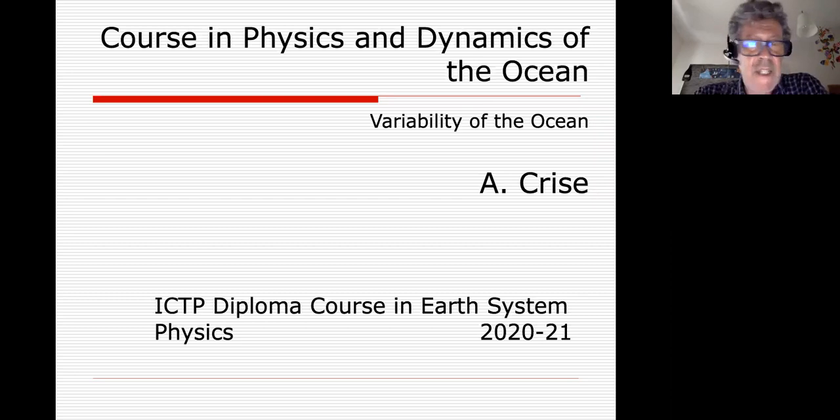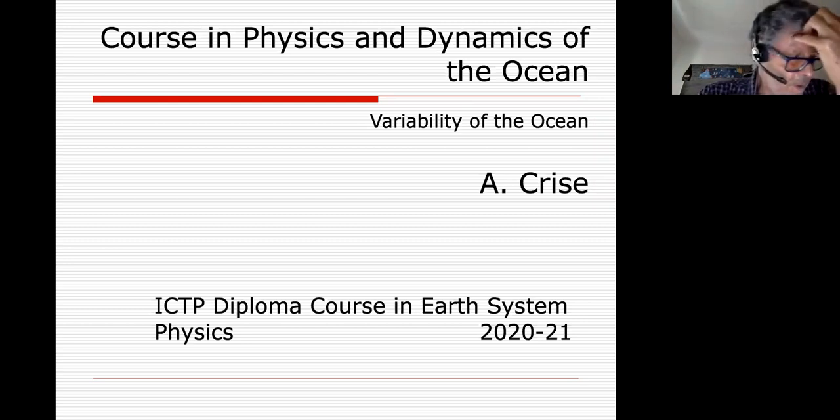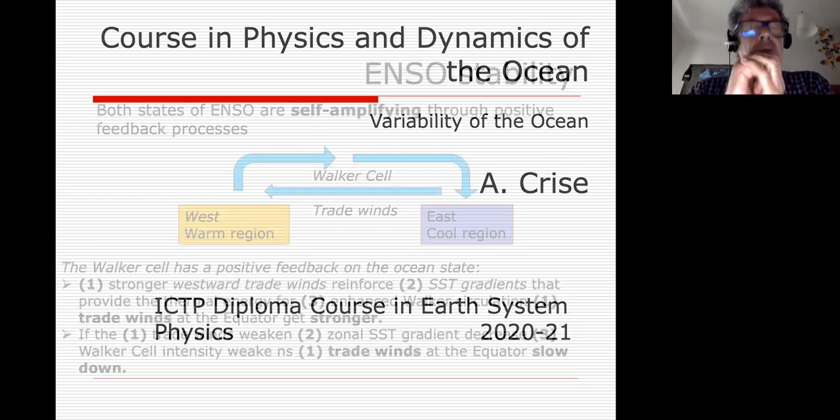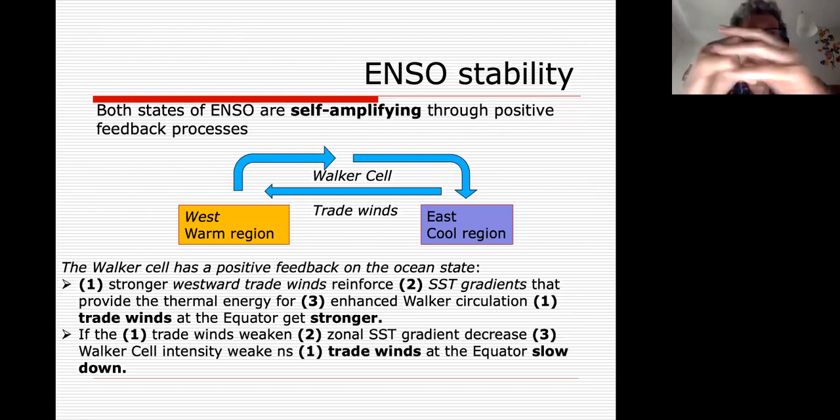We may remember the last lecture was devoted to one of the most important mechanisms of interannual variability that influences not only its region, namely El Niño, La Niña, or better, the El Niño ENSO variability that takes place in the Equatorial Pacific.